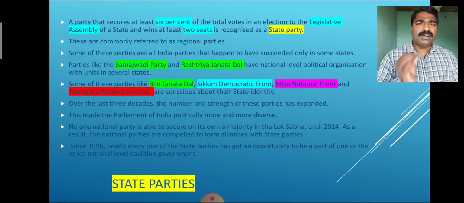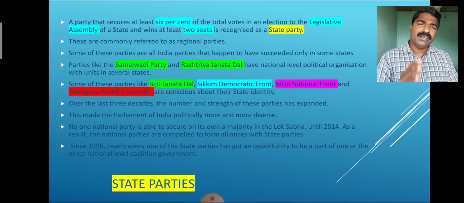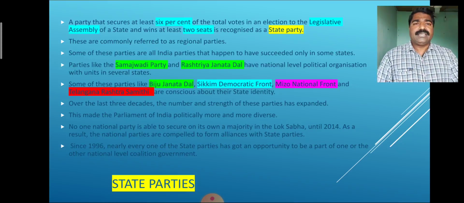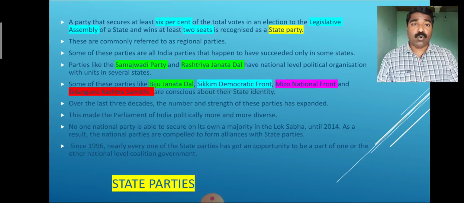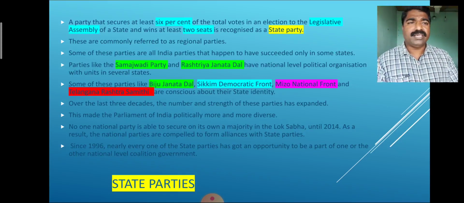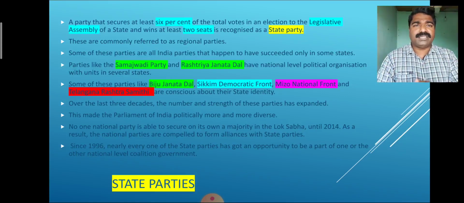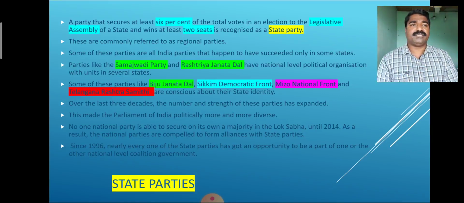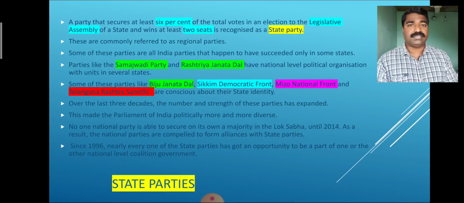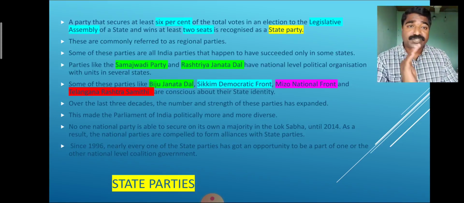These are commonly referred to as regional parties. State parties are commonly referred to as regional parties. Some of these parties are all India parties that happen to have succeeded only in some states, like the Samajwadi Party and Rashtriya Janata Dal.